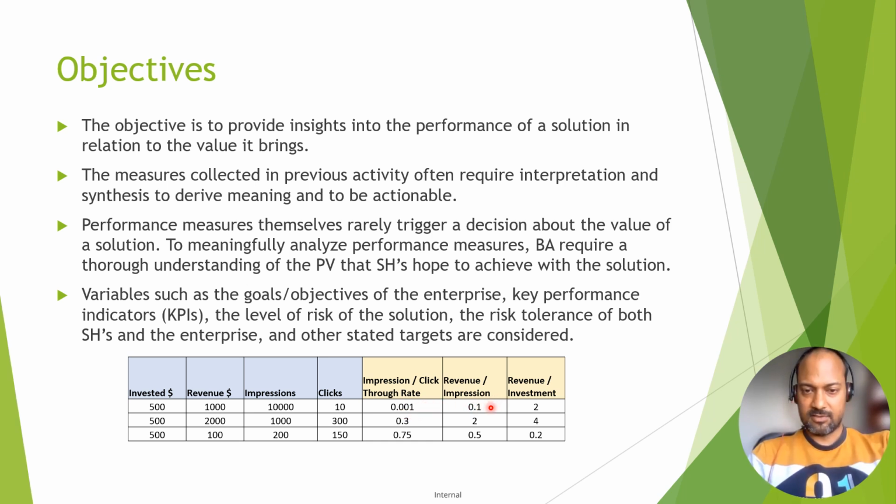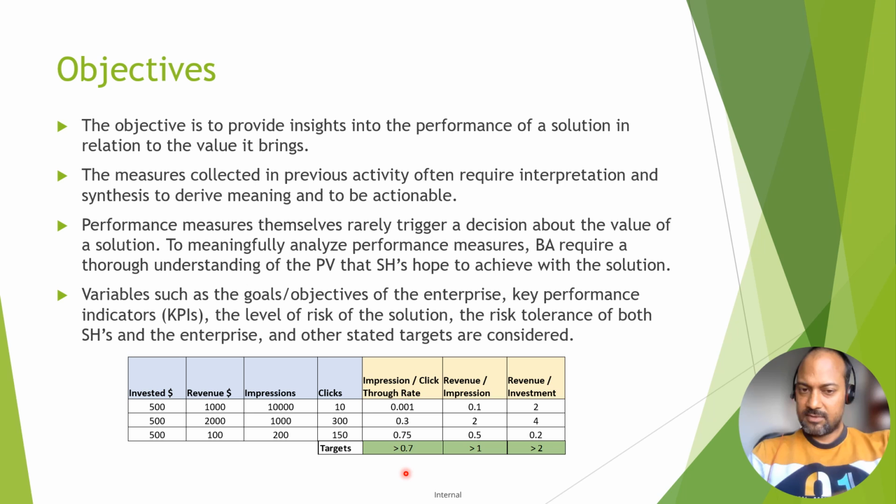Revenue per impression is not so good. Revenue per investment is good, right? So you have made different investments. Let's say first you gave to Google, the second time to Yahoo, the third time to some other third-party platforms. But the key performance indicators that you use to track the performance are the key performance metrics, right?